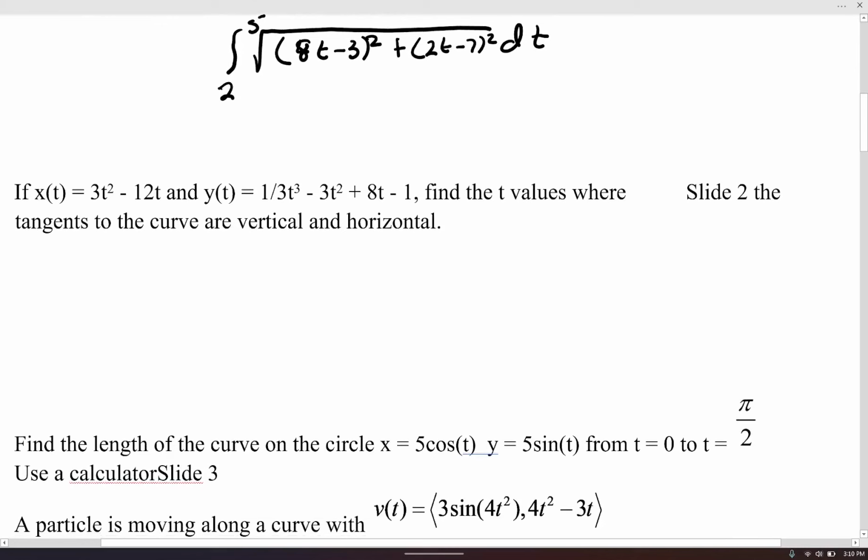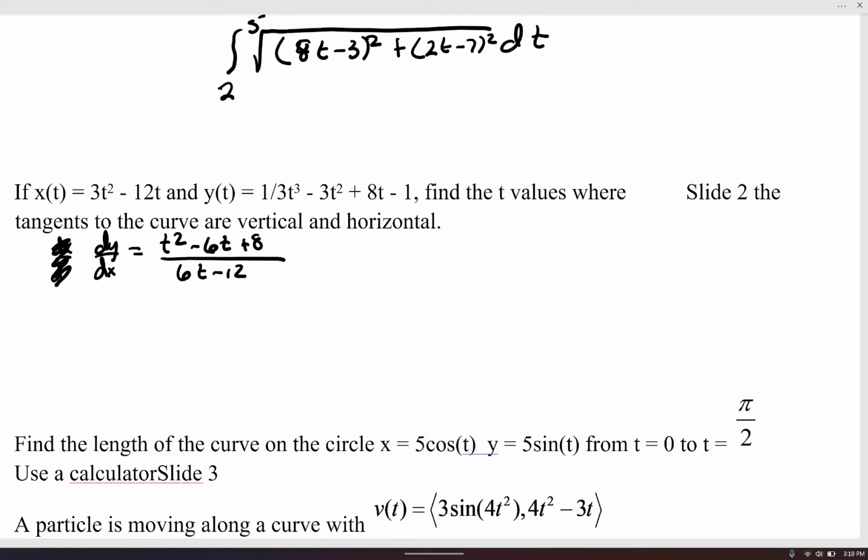If x and y equal those, find the t values where tangents to the curve are vertical and horizontal. So dy/dx is equal to, the derivative of y is t squared minus 6t plus 8, and then we have 6t minus 12.